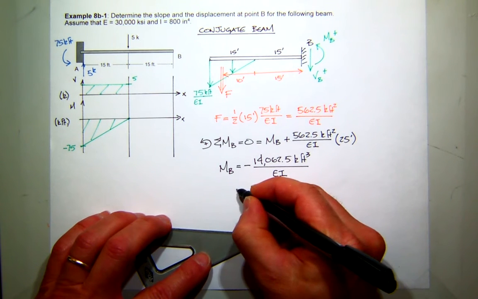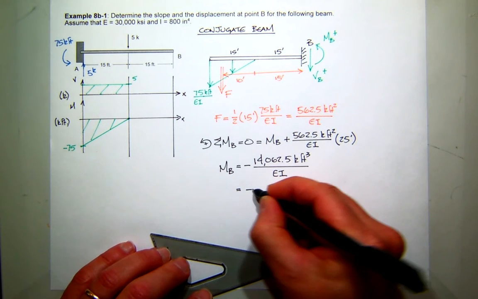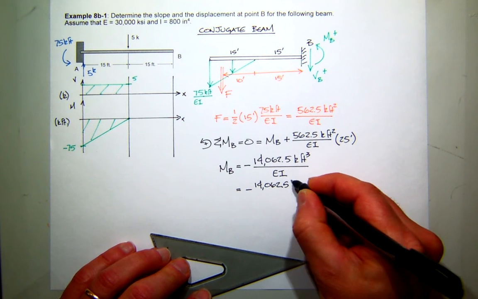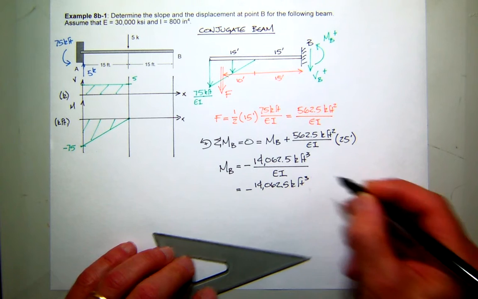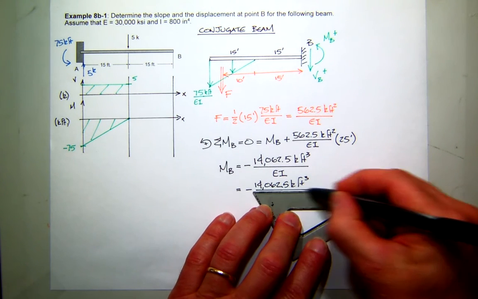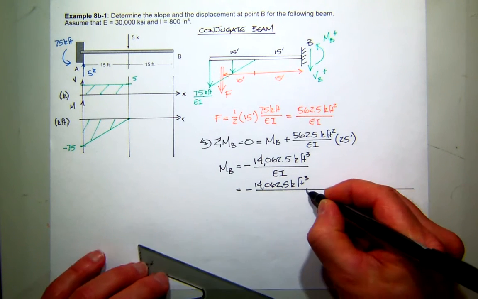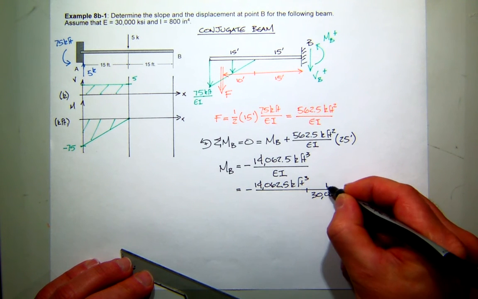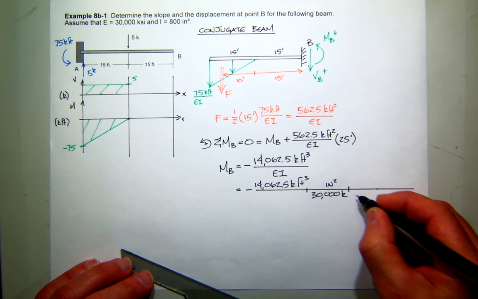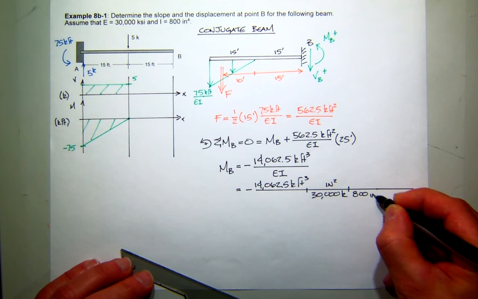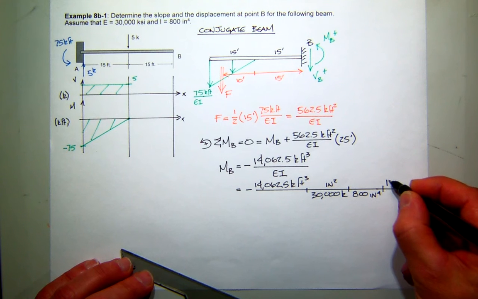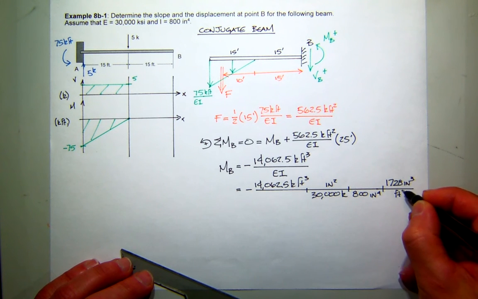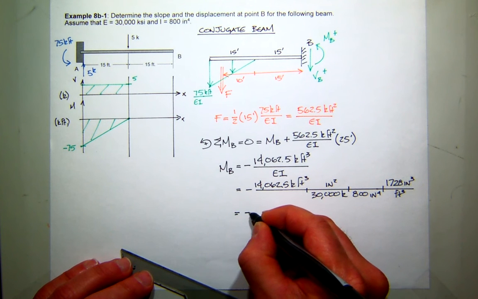If I now convert that, because I have values of E and I, E is 30,000 kips per inch squared, and I is 800 inches to the fourth, and I convert cubic feet to cubic inches, I should get some value that is negative.